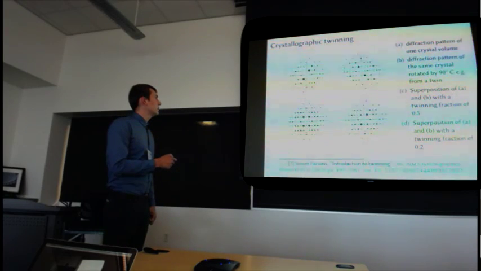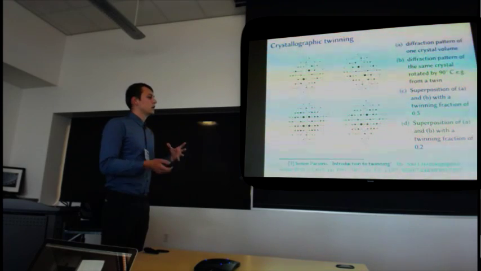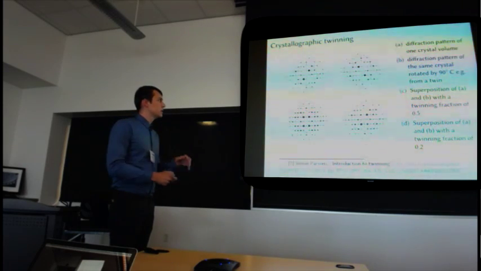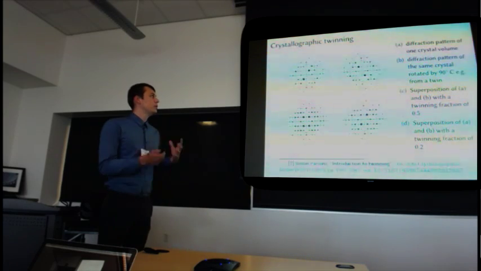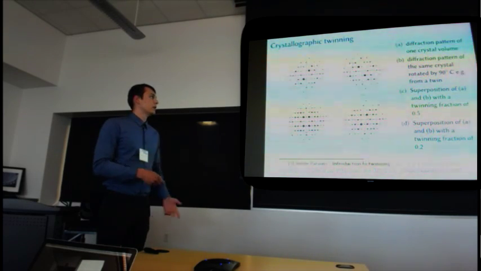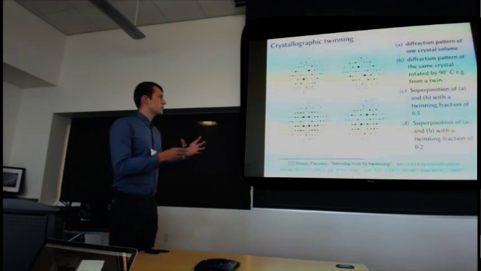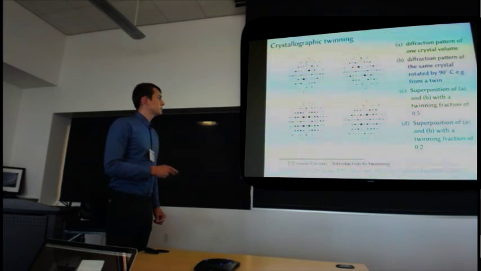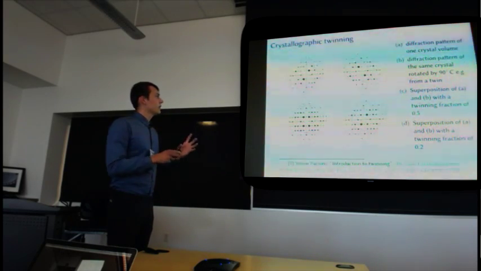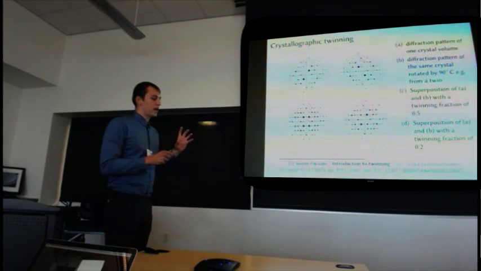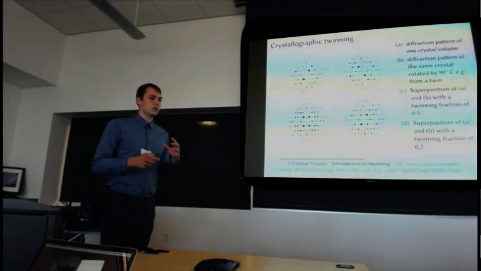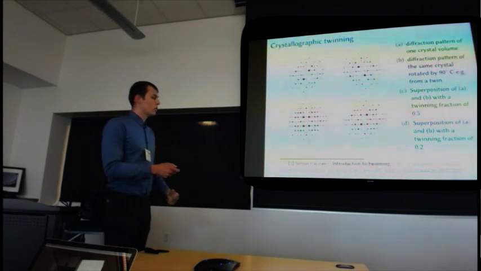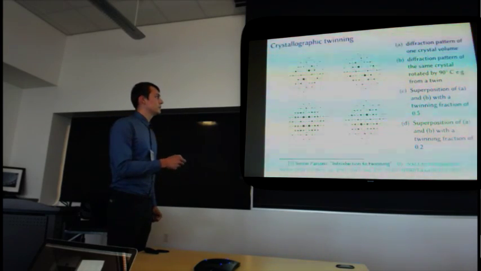For example, this would be the diffraction pattern of the crystal viewed from one side, and this would be the diffraction pattern of the crystal viewed from the other side, or rotated by 90 degrees, depending. If they give diffraction patterns that have spot locations in exactly the same position, there is no way for the indexing to know which one of the two to choose.